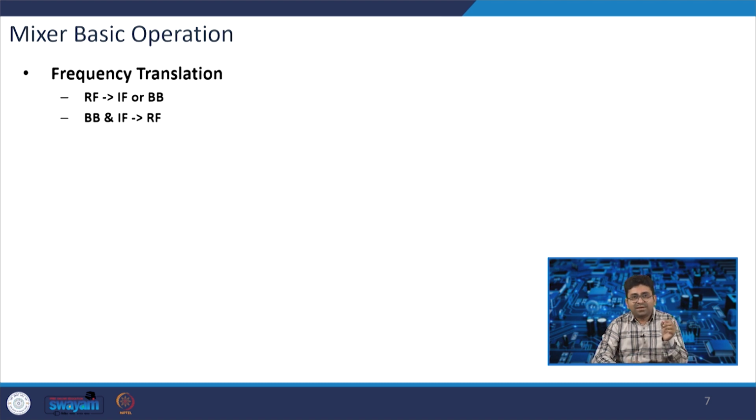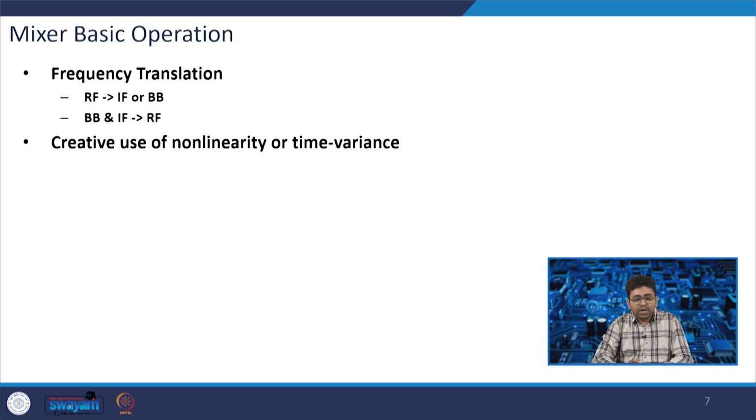So, the basic aim of mixer design is frequency translation. It converts RF frequency to IF frequency or baseband, and for a transmitter it converts baseband or IF to RF frequency. In one case it is a down conversion, and in the other case it is an up conversion. It is using a creative use of non-linearity or time variance.